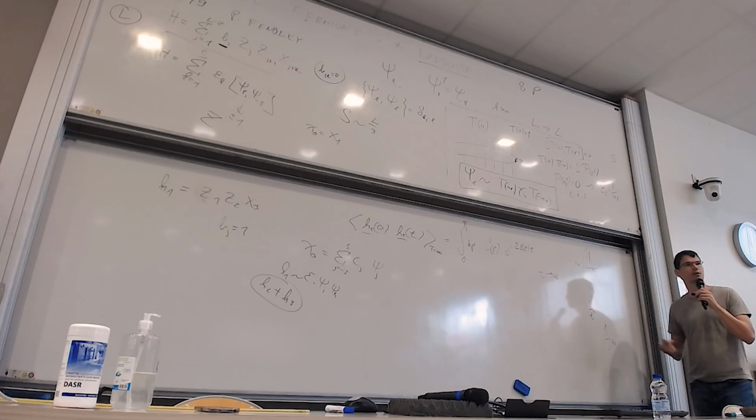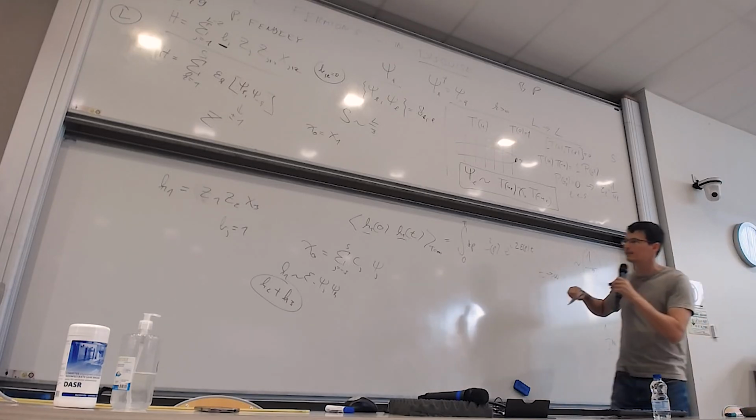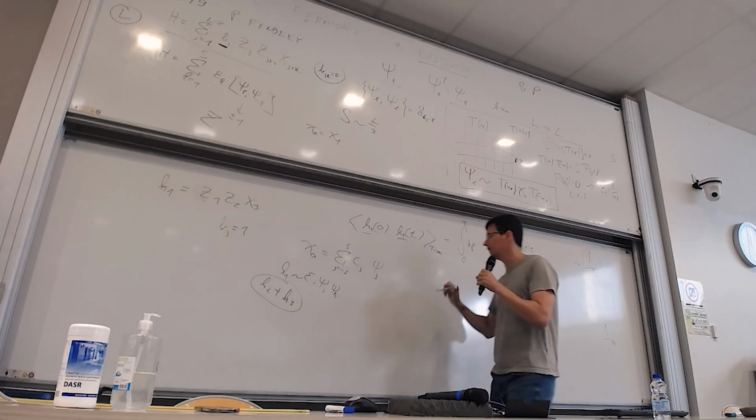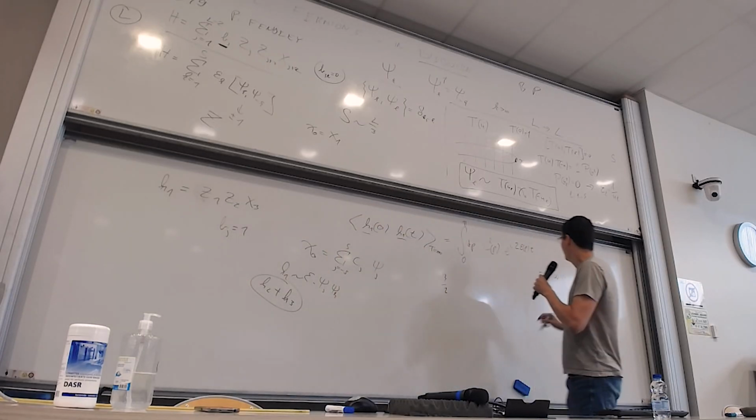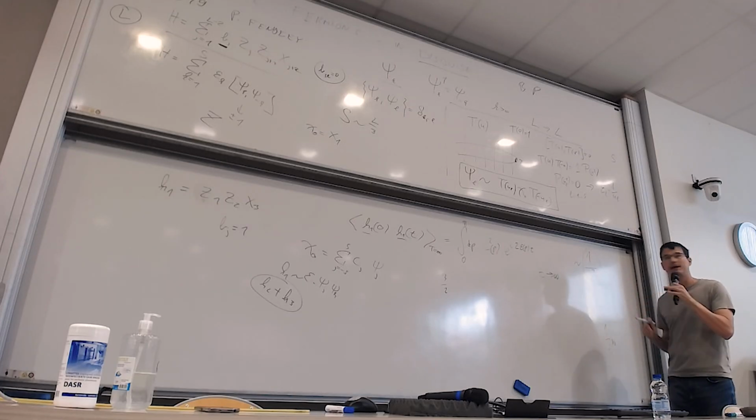And strangely, it is also related to KPZ type of scaling. I don't have time to explain, but it looks like in the homogeneous case, the bulk of this model has KPZ scaling exponent 3 over 2. And then this strange exponent here comes from 2 different contributions which combine, and eventually it will be something strange at the boundary.